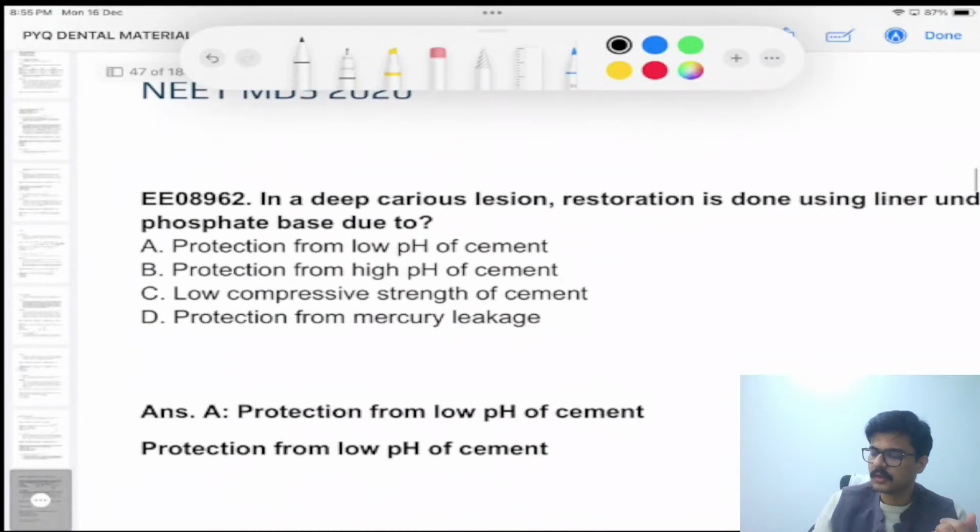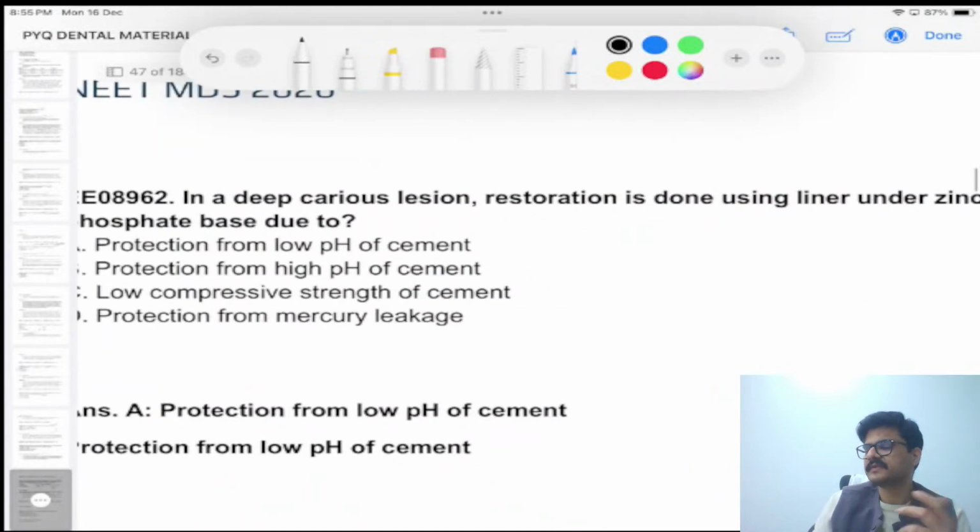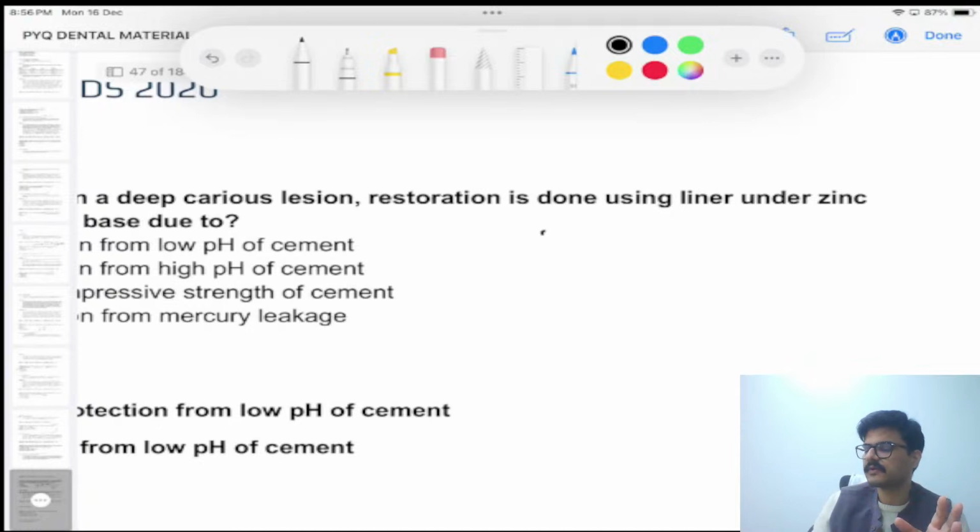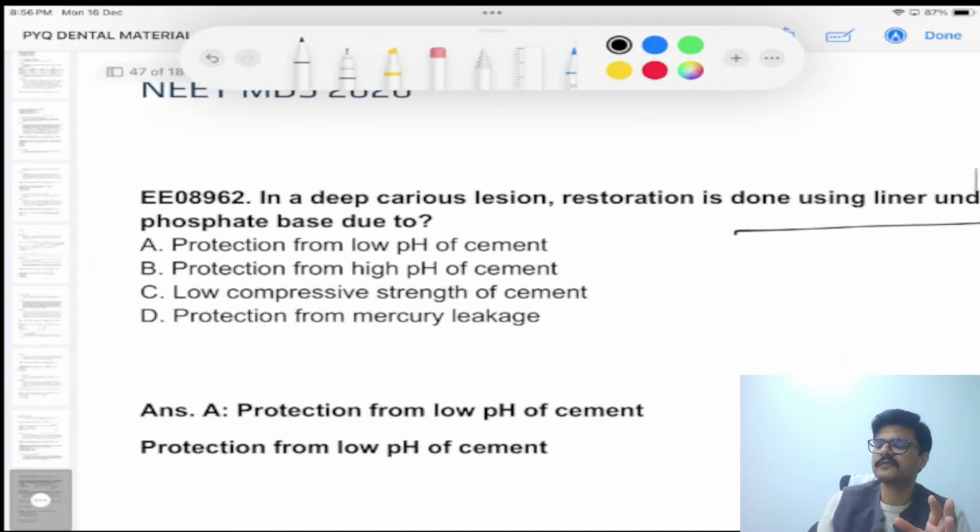Okay. Again, in a deep carious lesion, this is straight from Phillips. Restoration is done using a liner under a zinc phosphate base. Why? Because if you have a RDT which is less, and you want to do an amalgam restoration and you've chosen zinc phosphate as the base, it's better to use a liner of Dycal under zinc phosphate.